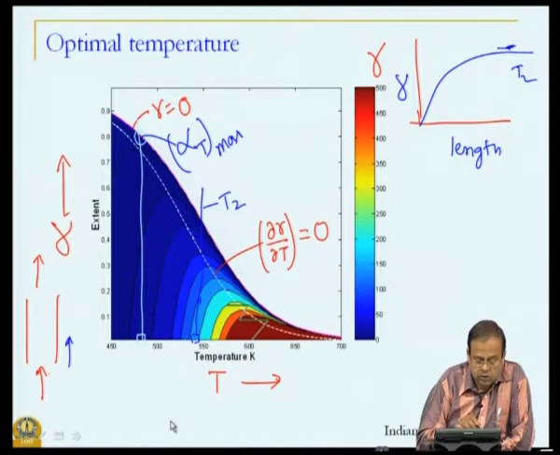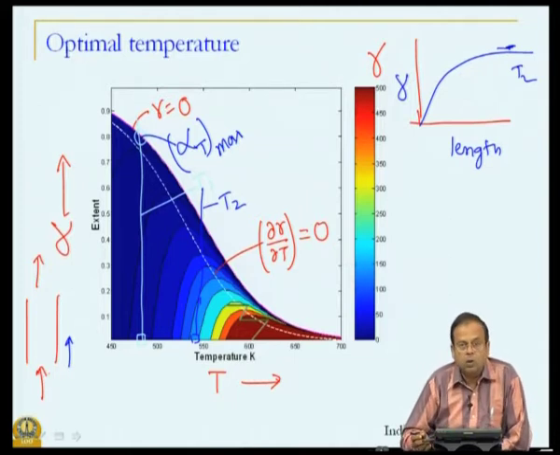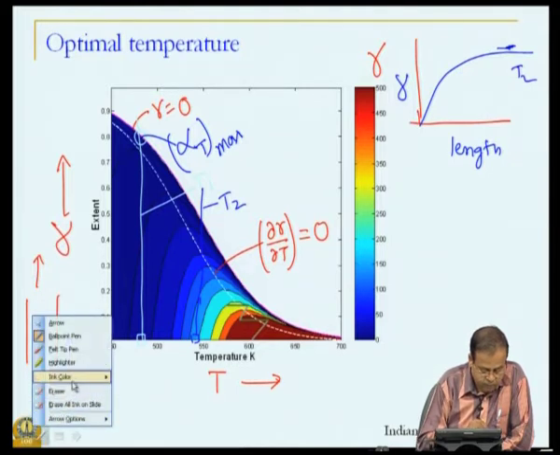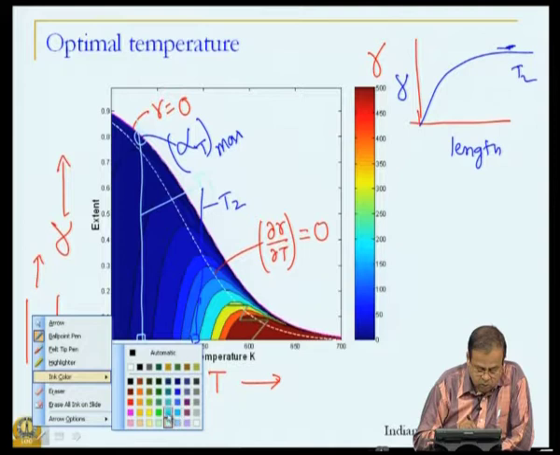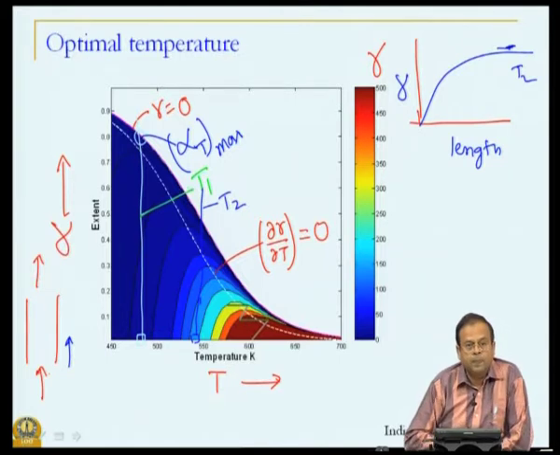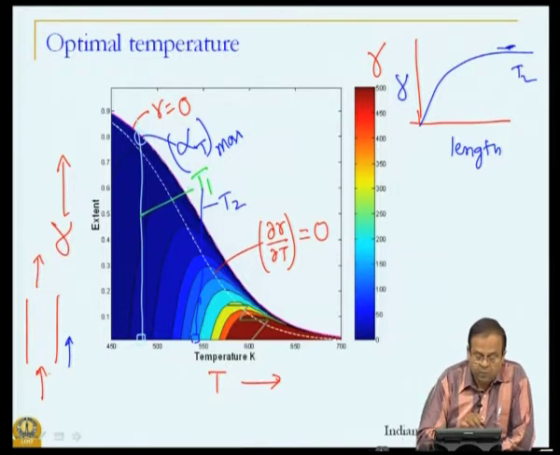Let me see if we can see. Suppose this is my temperature T1. I think I need to use a different color because we are not able to see much. So, let us say this is my temperature T1, this particular point. Okay. So, what will happen at temperature T1?